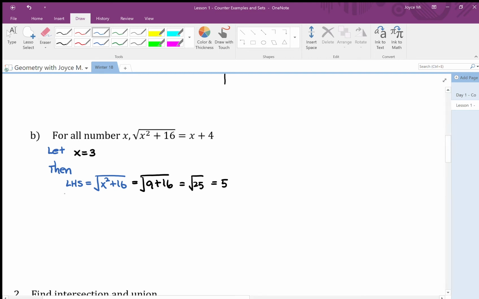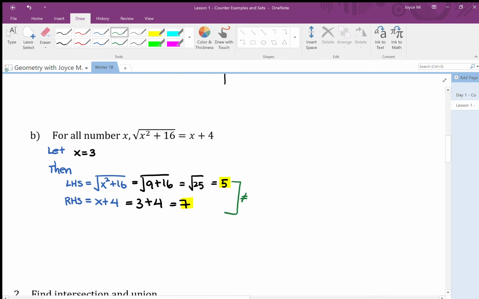Now let's look at the right-hand side of the statement, which is x plus 4. Again, I'm going to substitute x equal to 3 in that expression. I would have 3 plus 4, which is 7. We know that 5 is not equal to 7. Therefore, this is not equal.